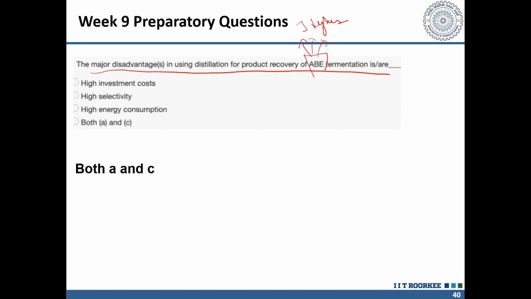But to purify them, we do not use distillation because distillation at every stage will be a very high cost investment. To provide a distillation unit for every step will be a very high cost. Therefore, this is the major disadvantage. Further, this distillation process at every stage will also incur high energy consumption. Therefore, the answer is both A and C.